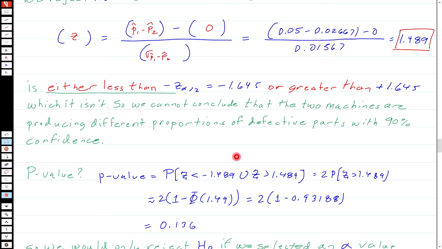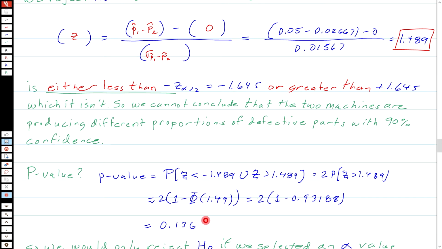P-value is the probability that I see a value at least as extreme as this in the direction of HA, which is in either direction. So the p-value is the probability that Z is less than minus 1.489 or greater than plus 1.489, which is 2 times the probability that it's greater than 1.489. And that probability there is just 1 minus the table value, I've rounded it off to 1.49.